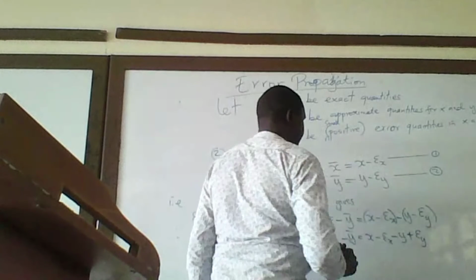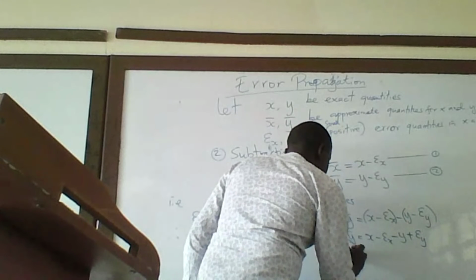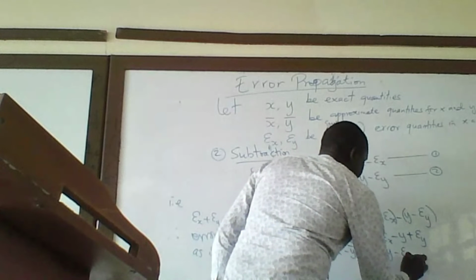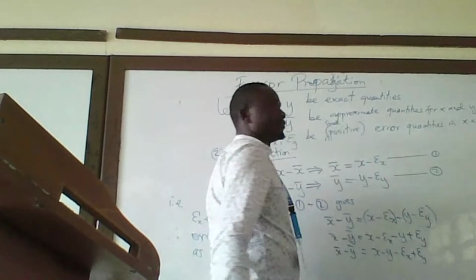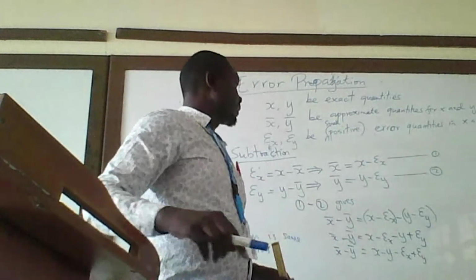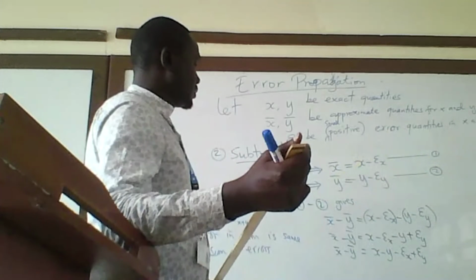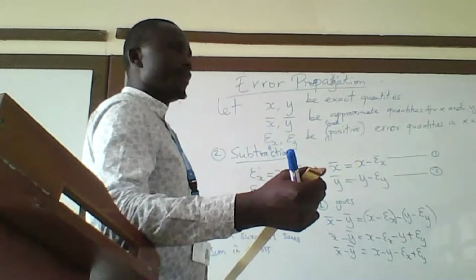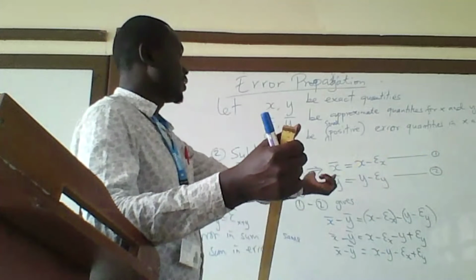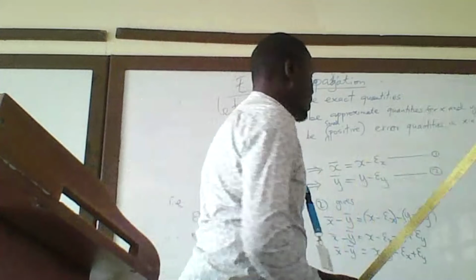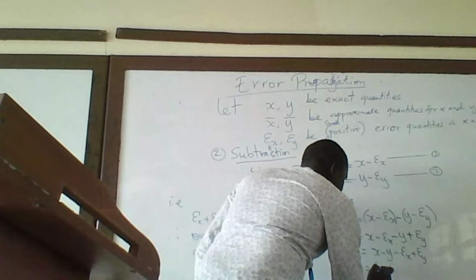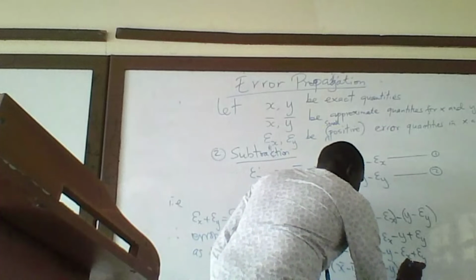So this is the same as bar x minus bar y equals x minus y minus error in x plus error in y. Just rearrange the terms. Then we can now introduce brackets for the terms having approximate, the terms having exact, and then the error terms. So I can say in brackets bar x minus bar y equals x minus y minus error in x minus error in y.